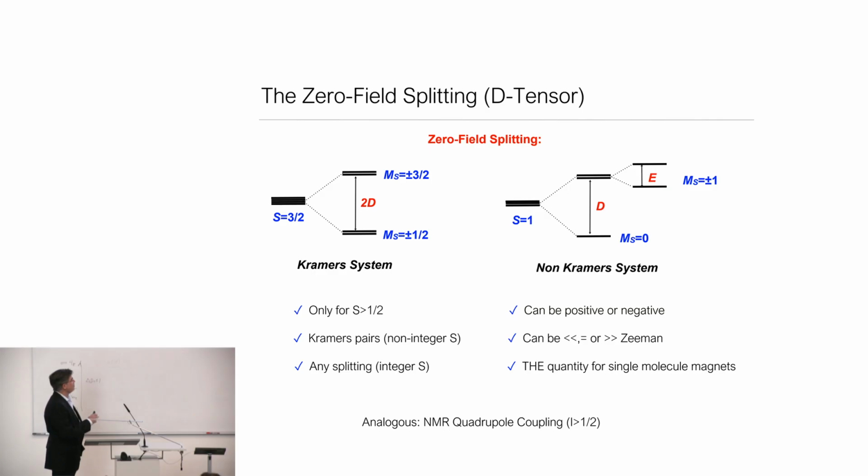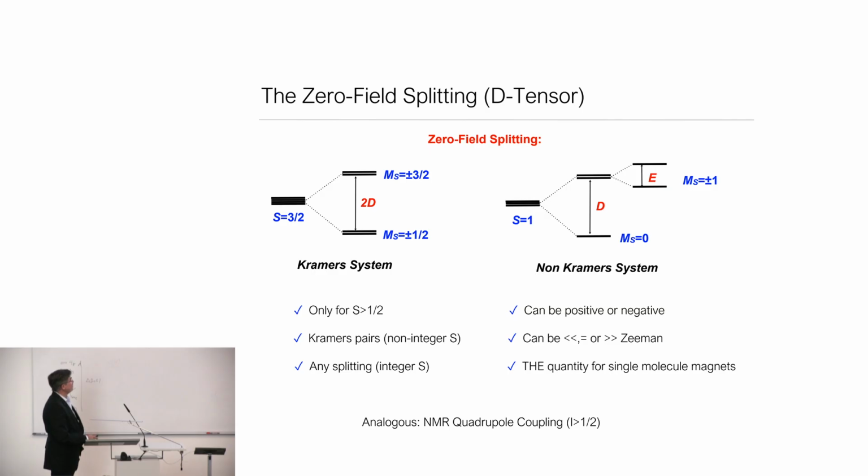That's a slight oversimplification that we get rid of later. But this is essentially what is happening. And then when you turn on a magnetic field, these behave like separate doublets in the case that the zero field splitting is larger than the microwave photon. Yeah? So that is happening only for S larger than 1/2.